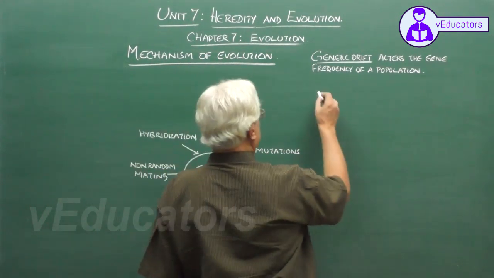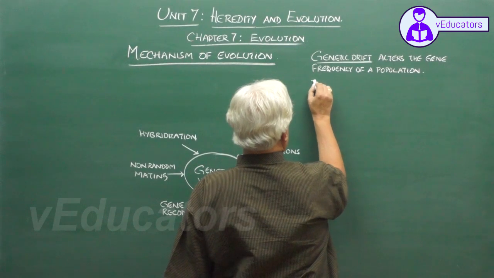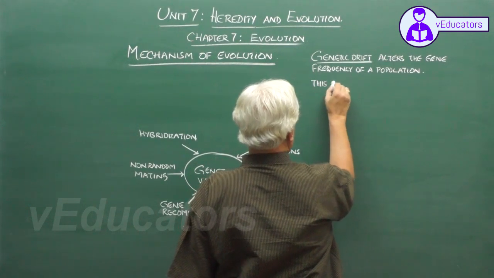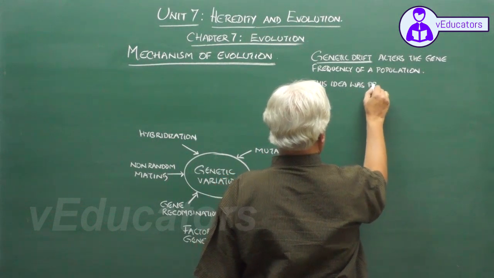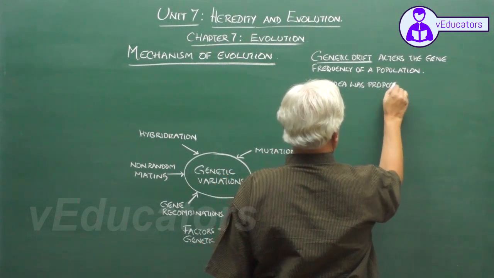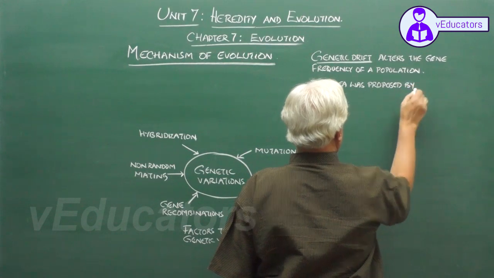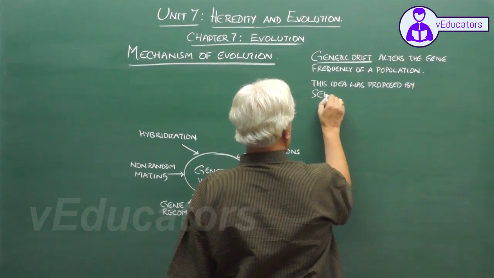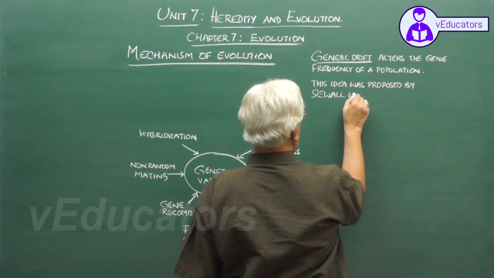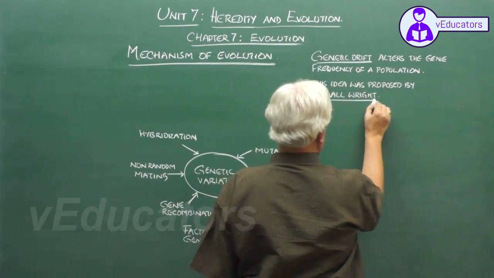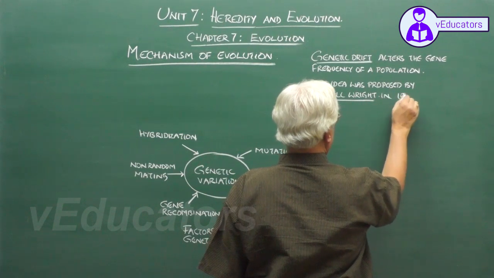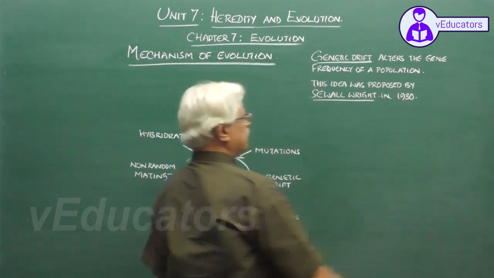The idea of genetic drift was proposed by a biologist by name Sewall Wright in 1930.